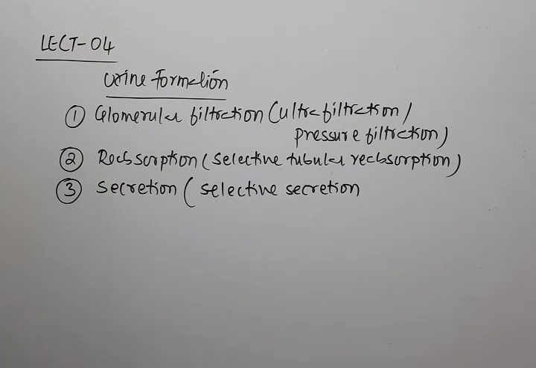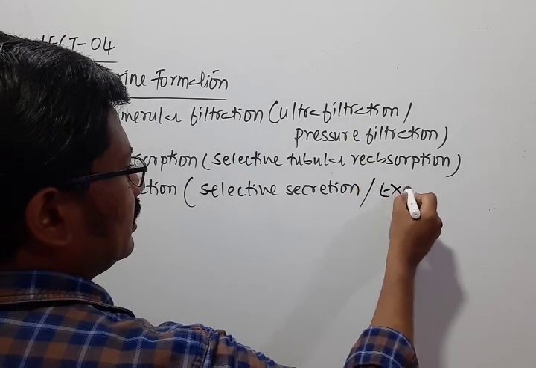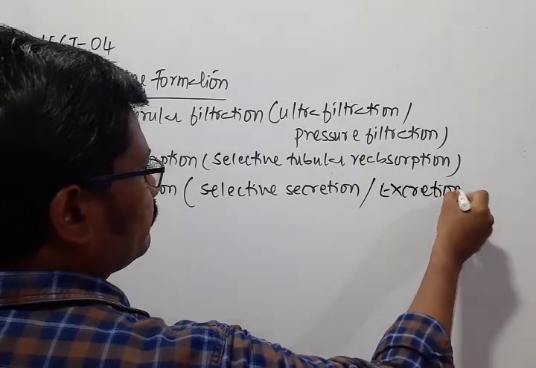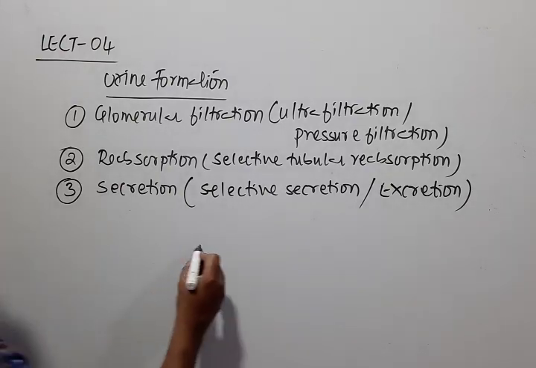Here also, only certain substances which are not required, only selected items, are eliminated. So that is selective secretion, or I can also simply call it excretion. Right, so this process I would like to explain with a simpler diagram.